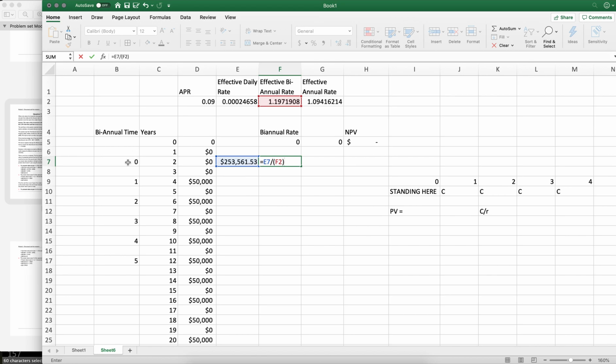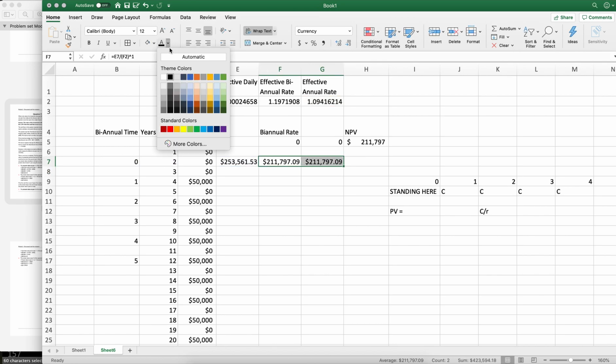This is time 0 here, but there's only 1 time unit here. So we only have to go back 1 unit to get to present time. So we can just do it to the power of 1, if that makes sense. Or we can do this divided by the effective annual rate to the power of 2.